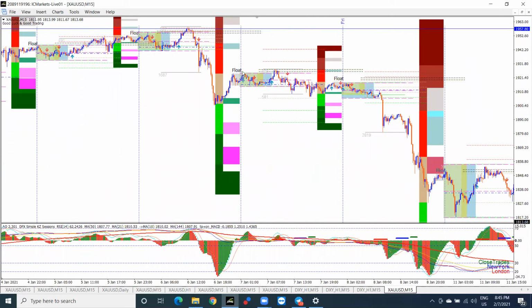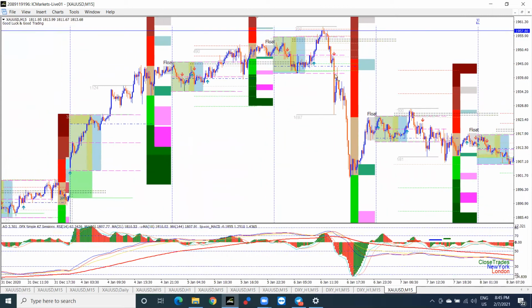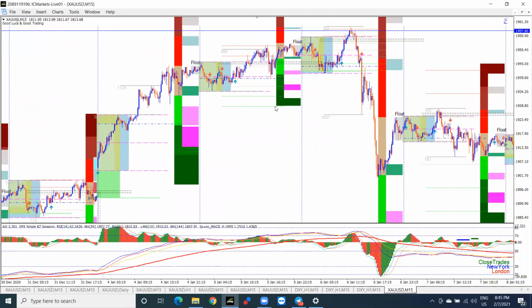Let's start from here. This one closes inside the previous standard deviation. And we have the price in the Asia session below the sell line, and the New York midnight candle below the sell line.